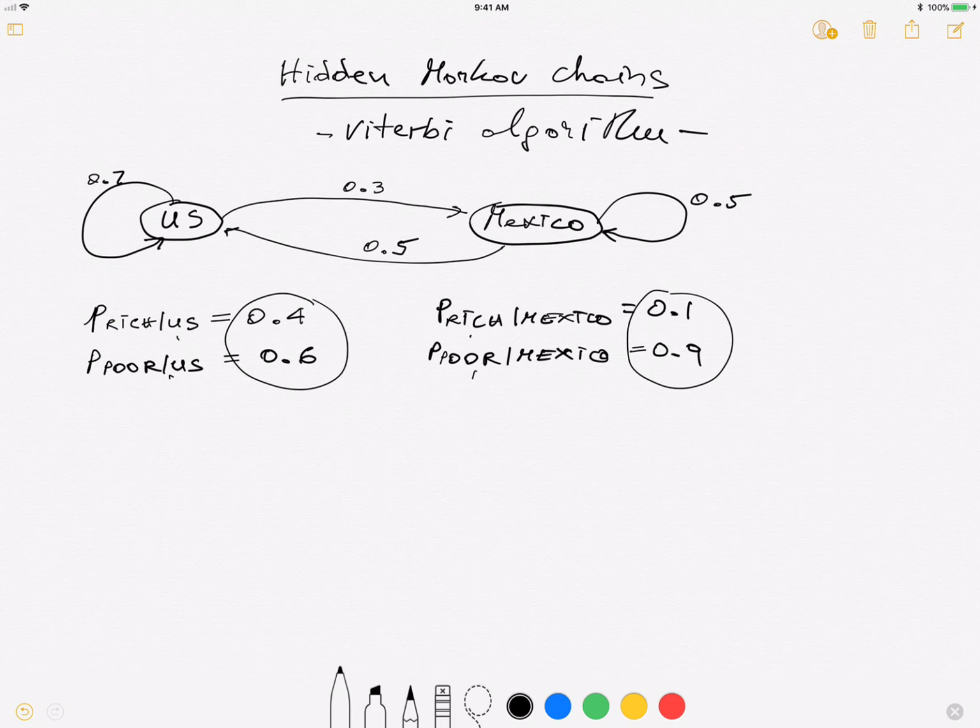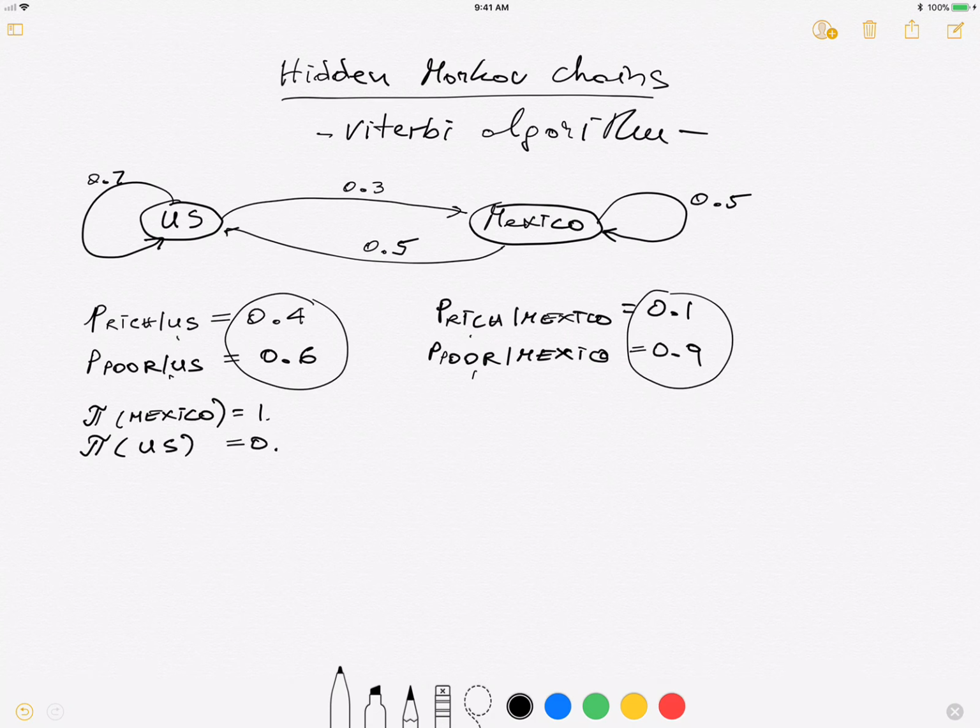So this is what we know, and we can also assume that we know that at the beginning the family was in Mexico. We write this way: the probability that the family was in Mexico initially was 1, and the probability the family was initially in the United States was 0.